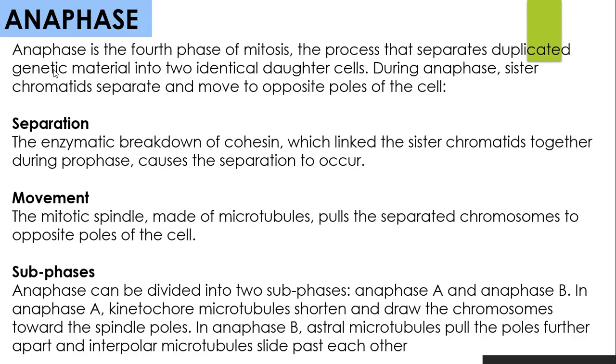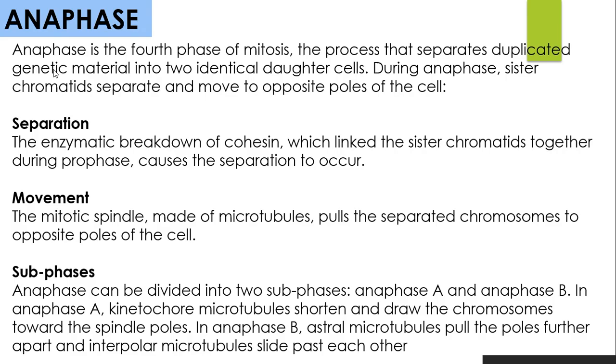Subphases. Anaphase can be divided into two subphases, anaphase A and anaphase B. In anaphase A, kinetochore microtubules shorten and draw the chromosomes toward the spindle poles. In anaphase B, astral microtubules pull the poles further apart and interpolar microtubules slide past each other, right?